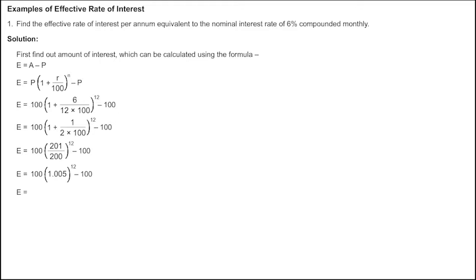So we have E = 100 × 1.061677812 − 100. The first term gives us 106.1677812 minus 100. So after subtraction we get E = 6.1677812, which can be approximately written as 6.17% per annum. So this is your effective rate of interest, which is greater than your nominal rate of interest, that is 6%.